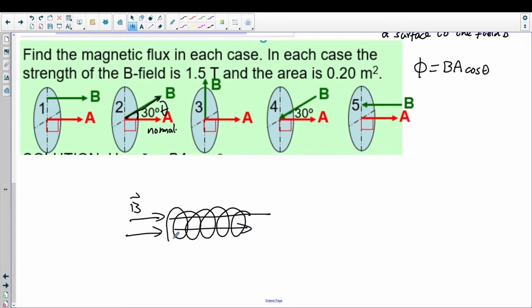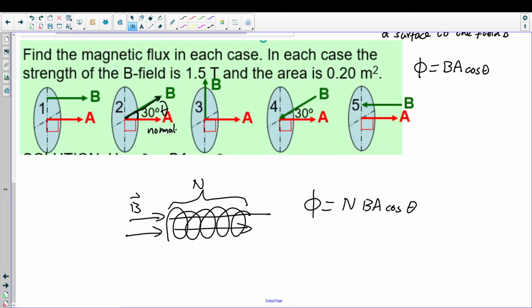Well, if each area has the flux, and you have N loops, N linked loops, that's very easy. We just multiply the total amount by N, the number of loops. Very nice and easy.